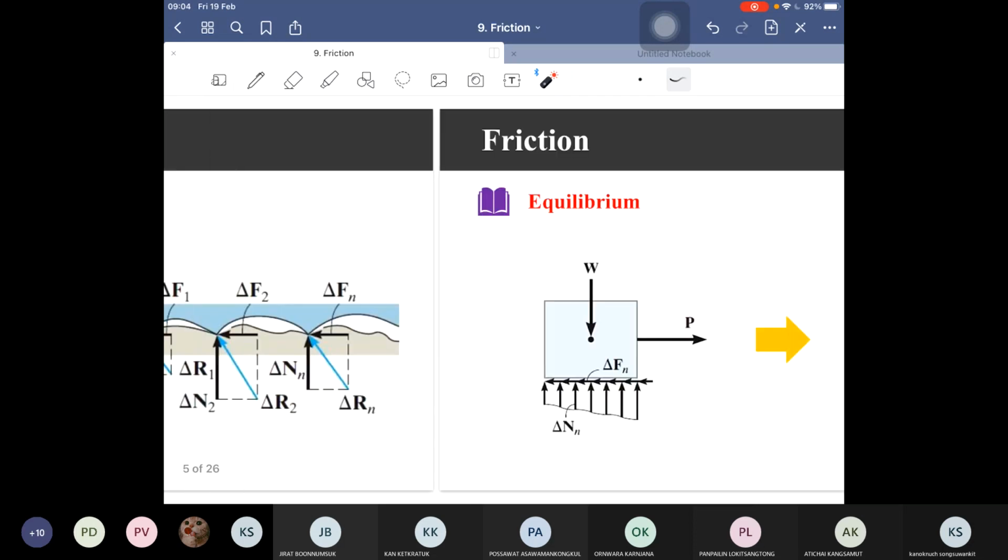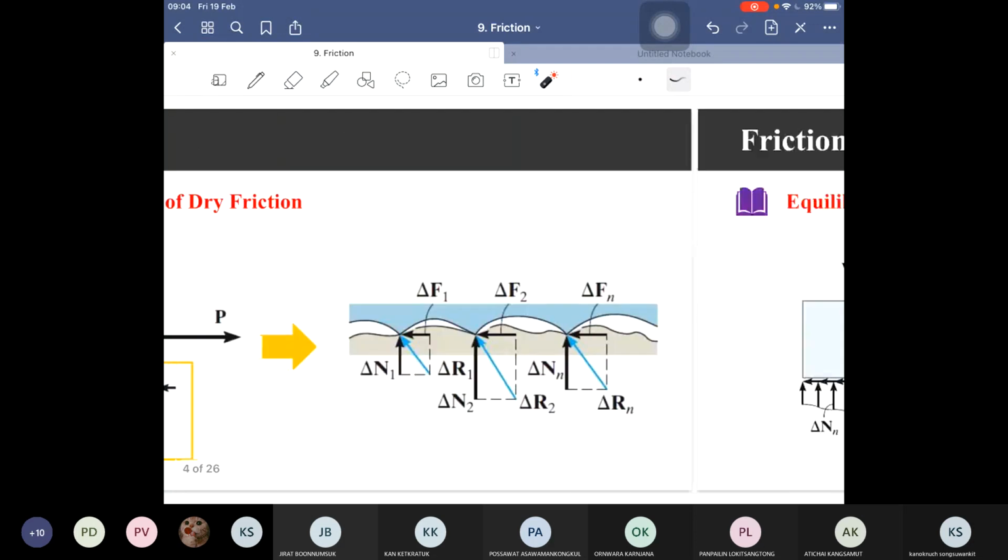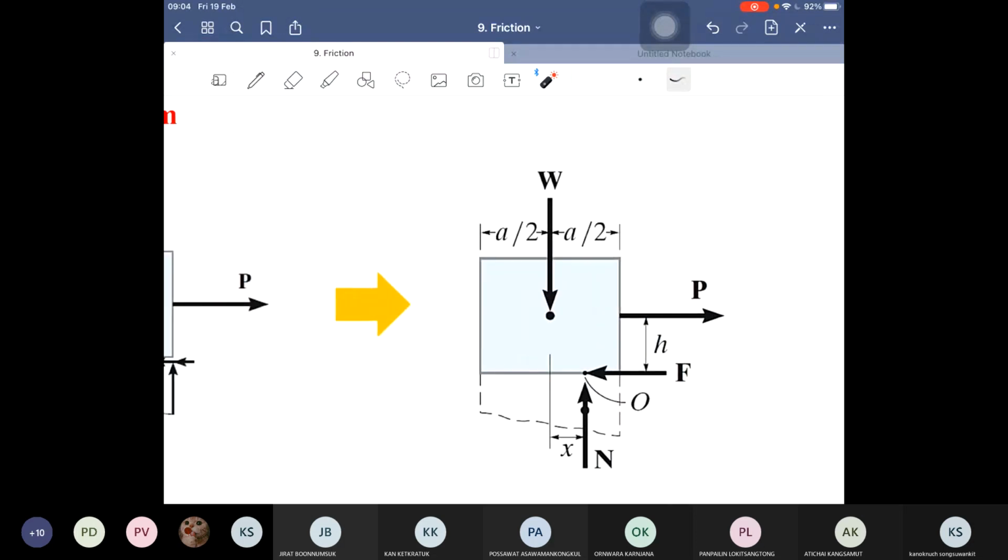We already considered the equivalent of force. Now let's see the equivalent of the moment. Sigma M about any point equals 0. So you can choose any point, but you have to think about the reality, right?